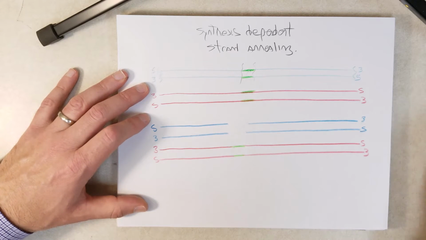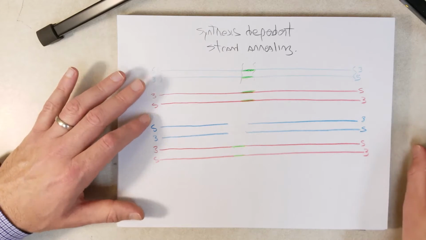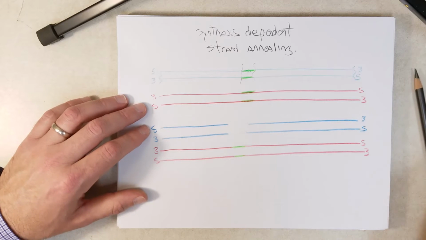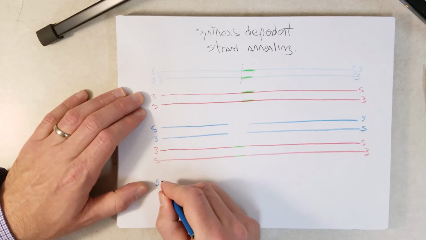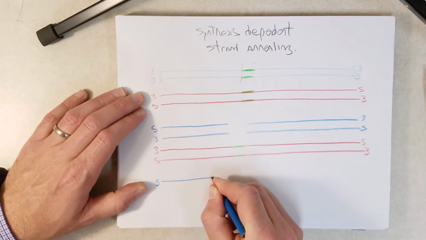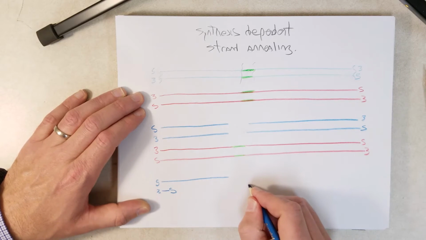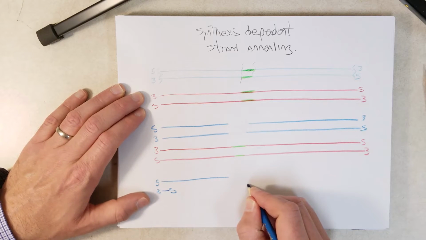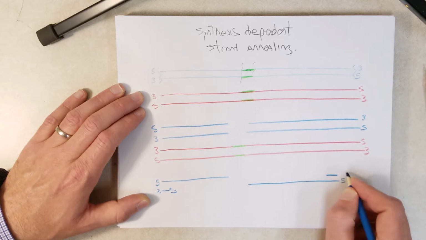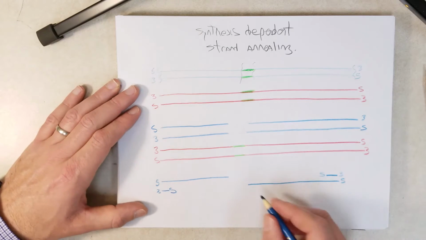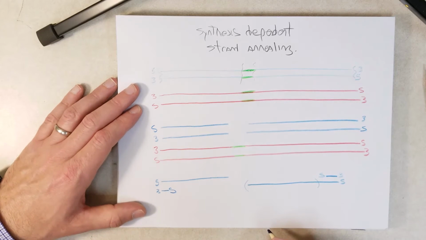So how does this process work? Essentially, we're going to have 5' end resection, just like in the DSBR model, and then we're going to have a single end invasion, just like in the DSBR model.